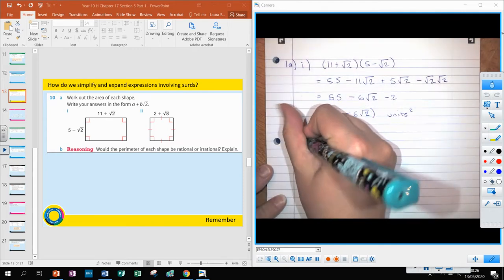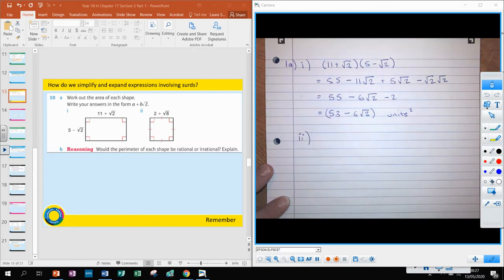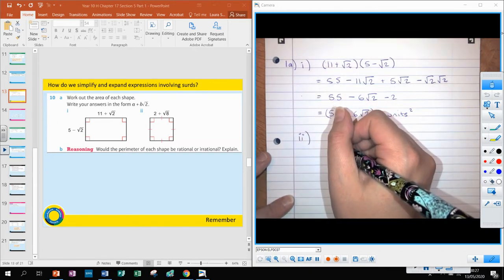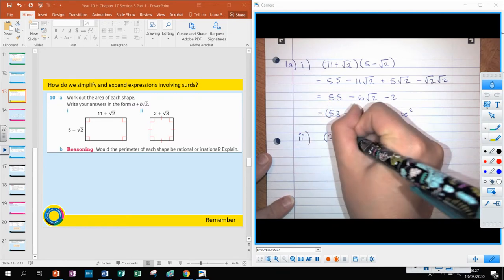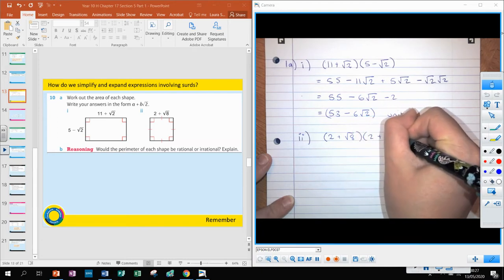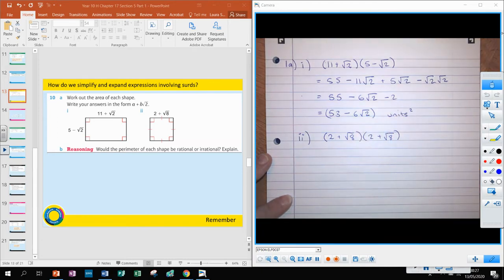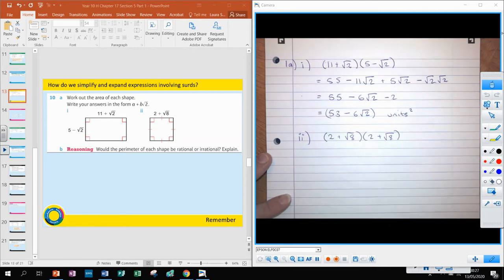Right, let's look at part 2. This time, it's a square. All right, so they're telling us that we have a side length of 2 plus root 8, so we're going to have to multiply that by another 2 plus root 8. Okay, you can simplify root 8, so I would suggest that you do that first.